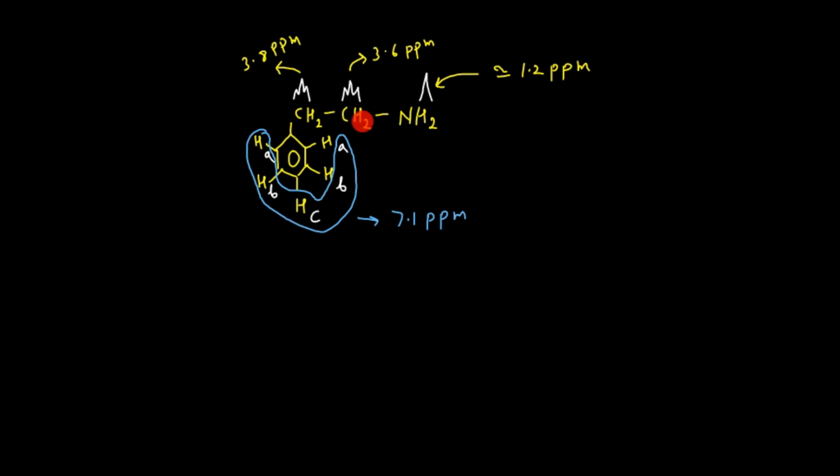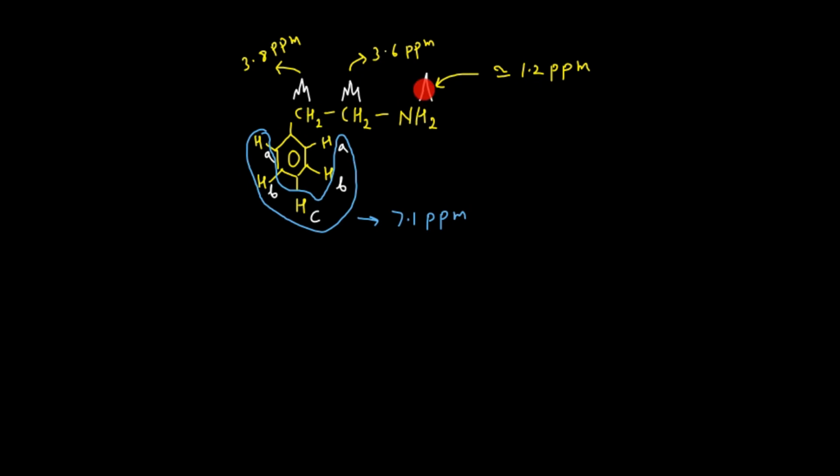This signal will obviously be a little bit upfield because this NH2 group is there, and this NH2 is an electron pushing group, right? So it will push the electron onto this particular carbon atom and shield these hydrogens. So due to shielding, these hydrogens will be a little upfield, while these two will resonate a little downfield, because the circulating electron cloud will not shield these hydrogens as strongly.